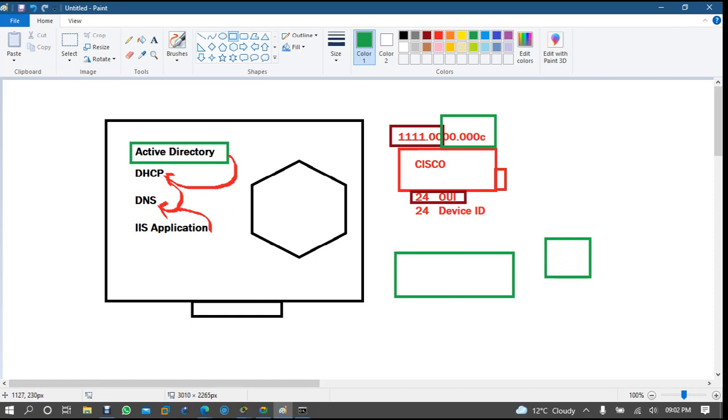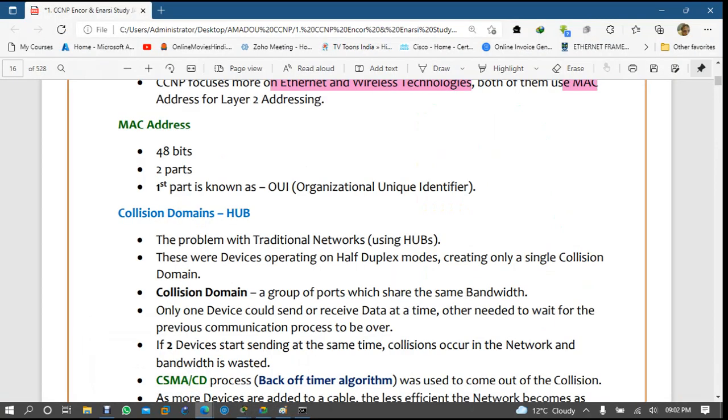Then they will say, I have sold this Cisco switch or router to so and so person. Then the forensic expert or maybe the government will reach that person. That's why they are using these kinds of algorithms.